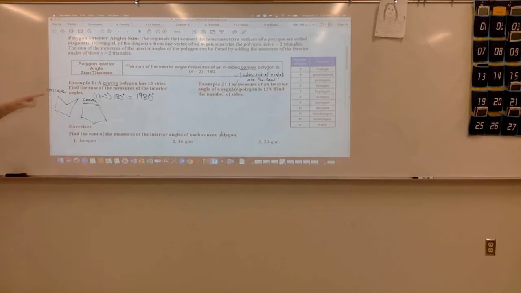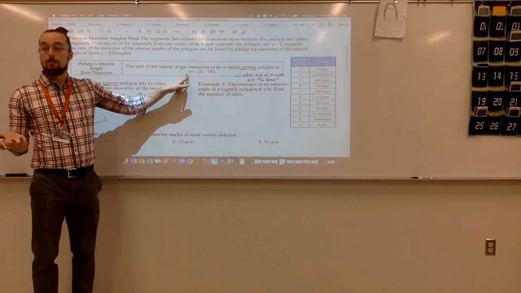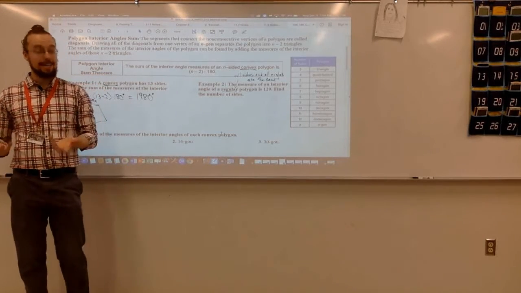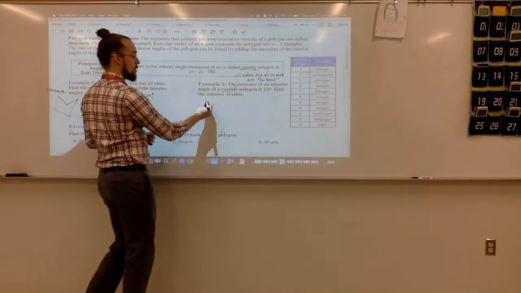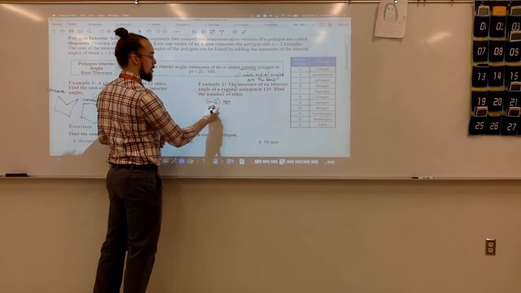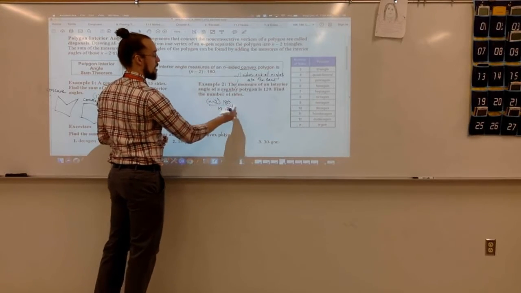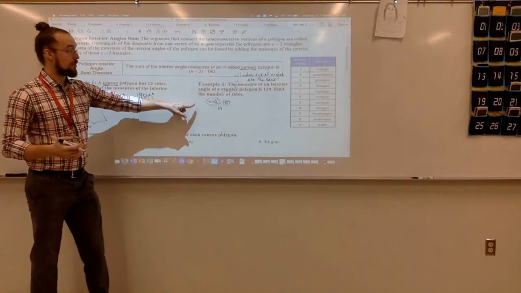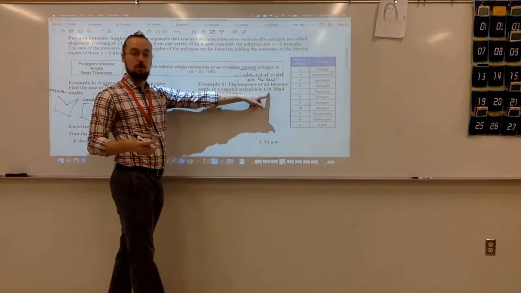We're going to take this and divide it by how many sides there are. So dividing by n. So our formula for that is going to be n minus 2 times 180 over n. And in this case, we're saying that this is going to be equal to 120.